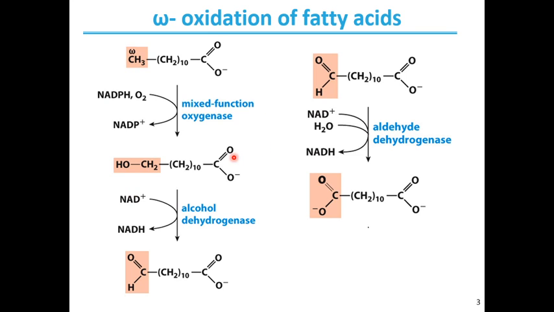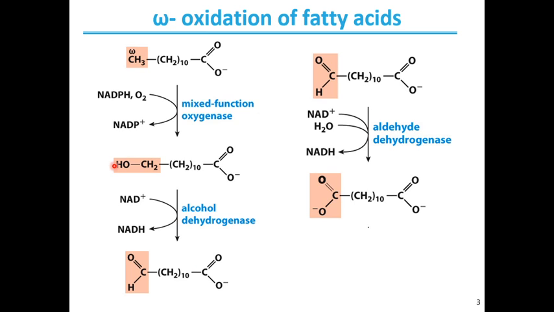The oxygen for this group comes from molecular oxygen in a complex reaction that involves cytochrome P450 and the electron donor NADPH. NADPH gets converted to NADP+ in this reaction. Reactions of this type are catalyzed by mixed function oxygenases.